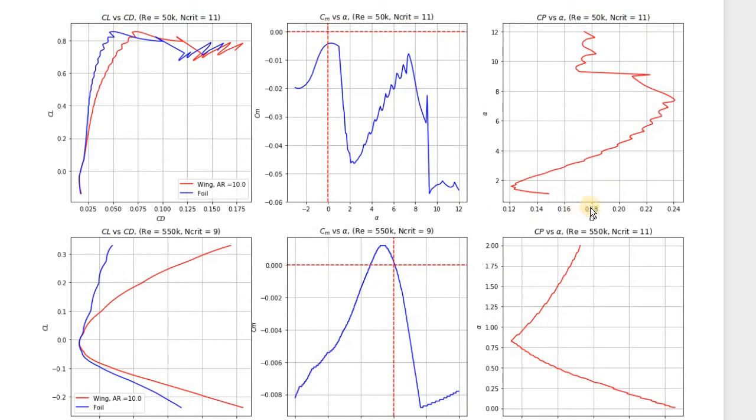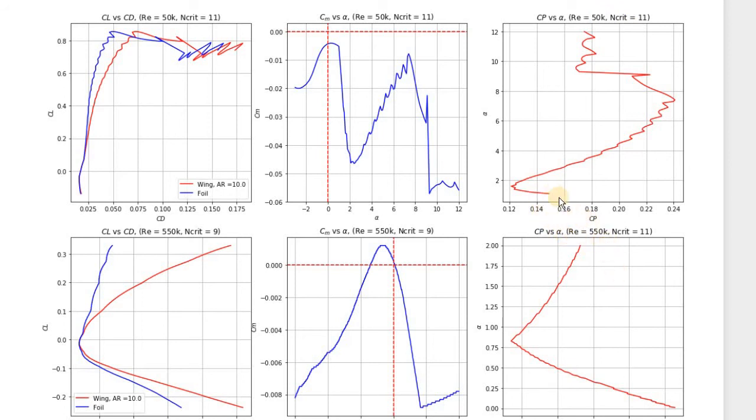So this is the position of the center of pressure point with respect to the alpha. So we know that this center of pressure is moving to the tail in most of the cases. So we have small strange behavior at small alphas from 0 to 1.5 degrees, but that's okay because at small speed, oh yes, so this is the small Reynolds number graph, and this is the high Reynolds number graph.